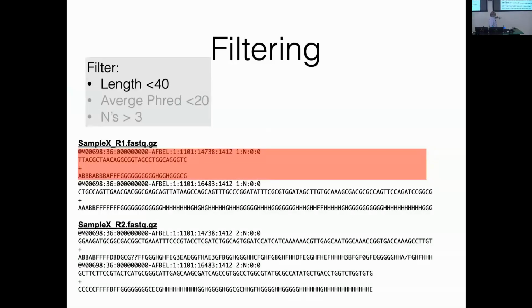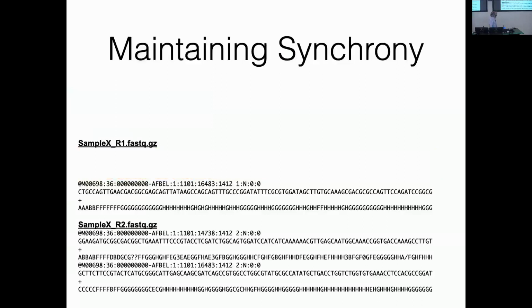I don't know how long that is, maybe 25 base pairs, but it's below our 40 base pair threshold, so we're going to throw it out. We didn't have any Ns, especially because we did the quality-based trimming, so that's the only filtering we have to do.